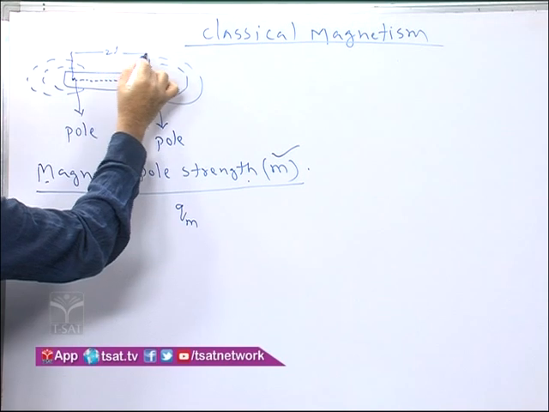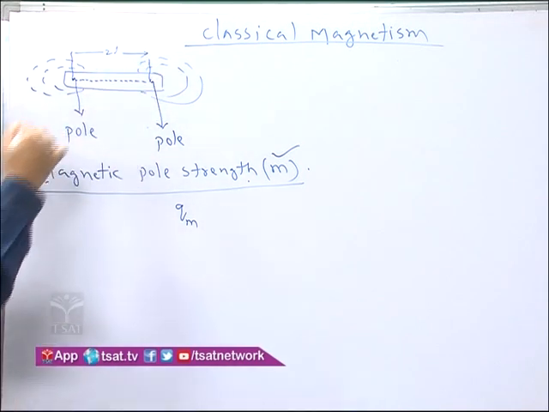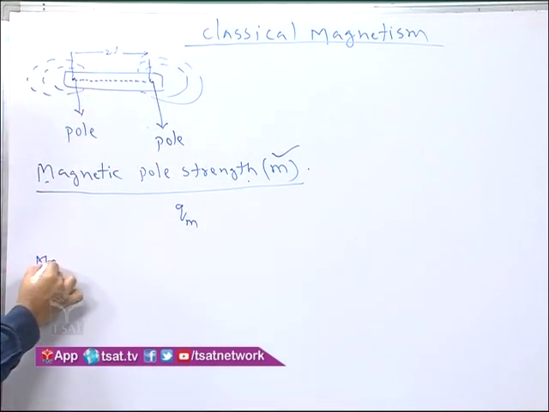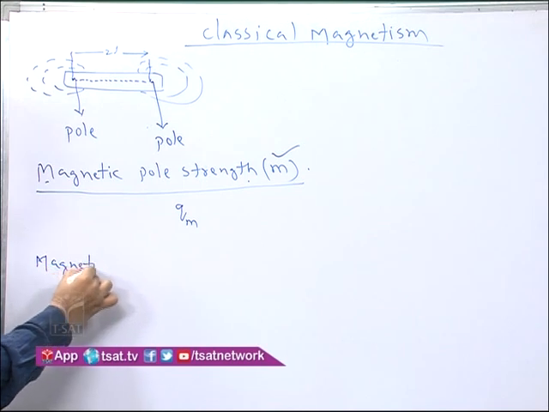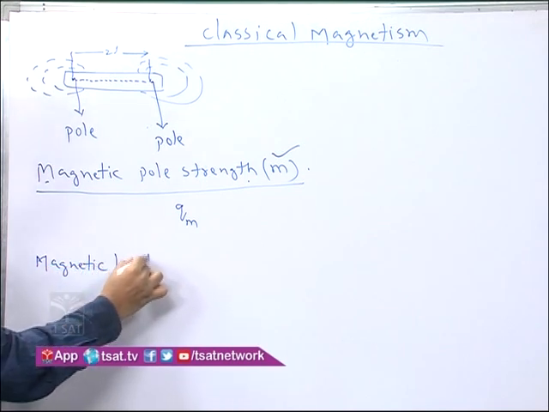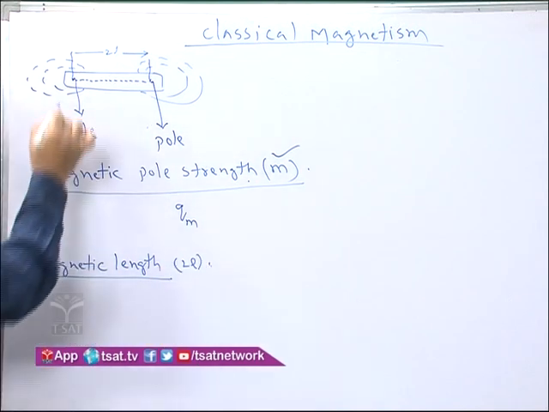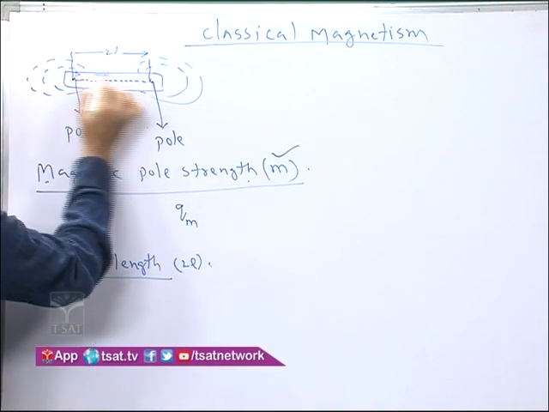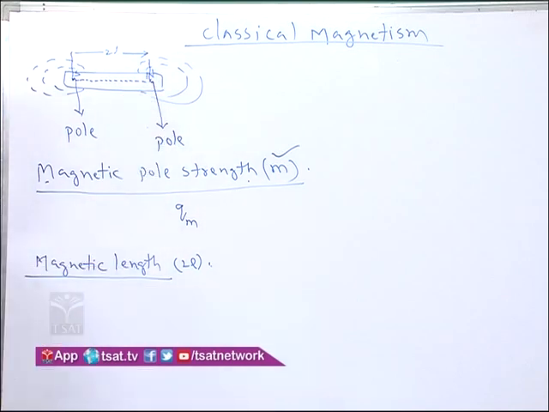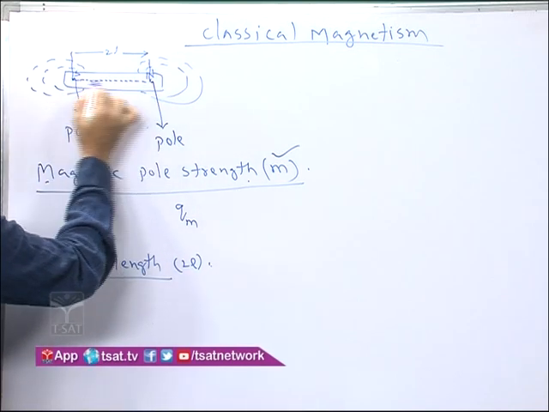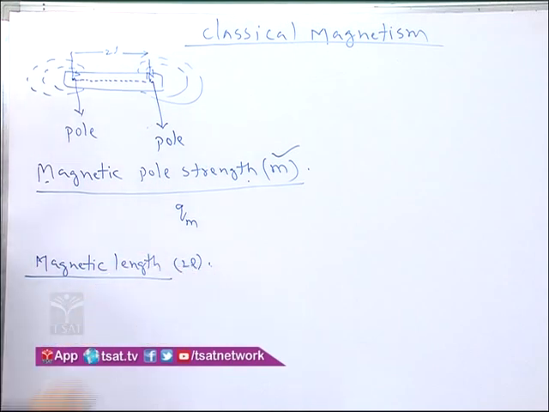It is denoted 2L. This is another physical quantity: the shortest distance between the two poles is called magnetic length.